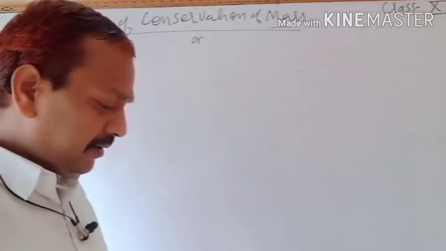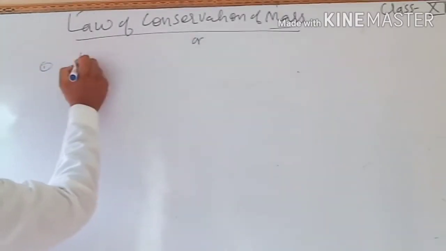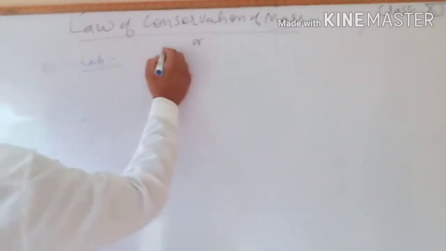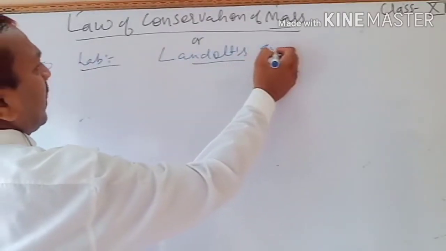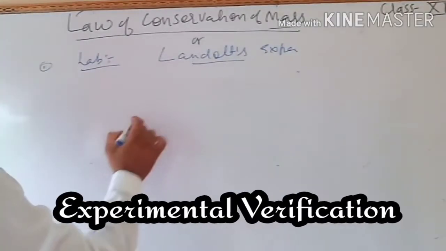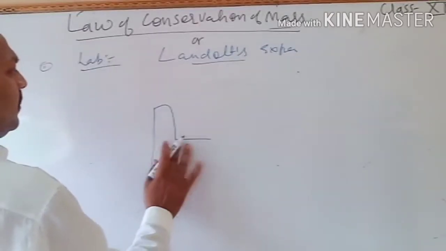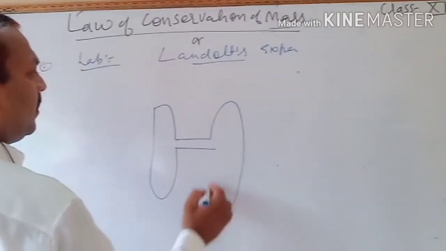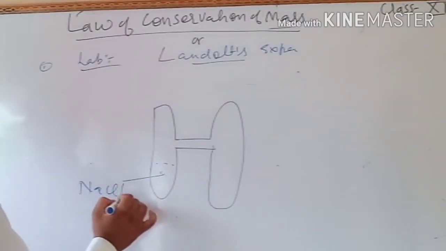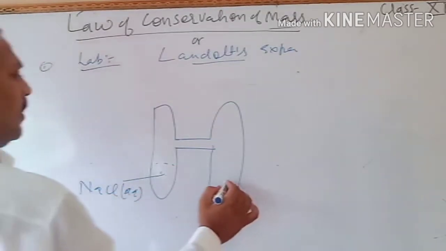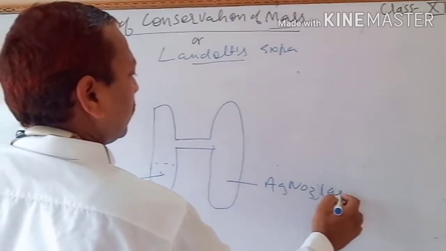Now next we will see how this is done in a laboratory. This experiment is also performed by scientists in the lab, Landolt's experiment. In this setup we take a limb with sodium chloride solution, and the other limb contains silver nitrate solution.